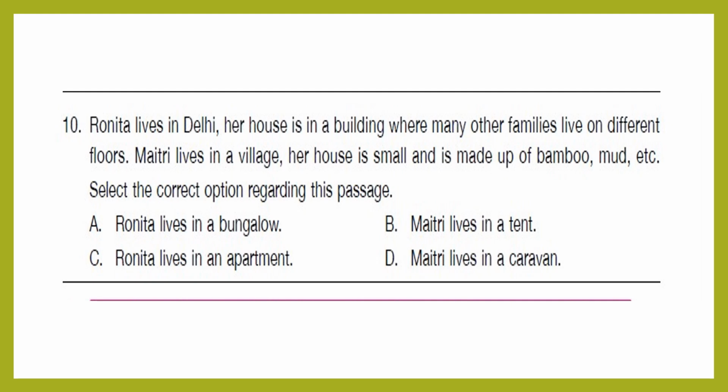Option C, Ronita lives in an apartment. D, Maitri lives in a caravan. And the right answer is option C, Ronita lives in an apartment because in an apartment many families live on different floors, while Maitri lives in a kacha house that is made up of bamboo and mud etc.